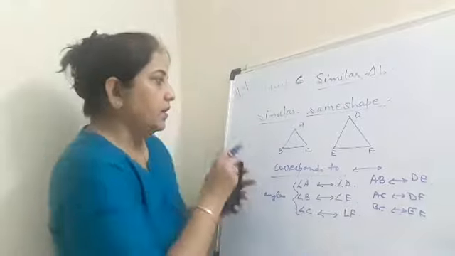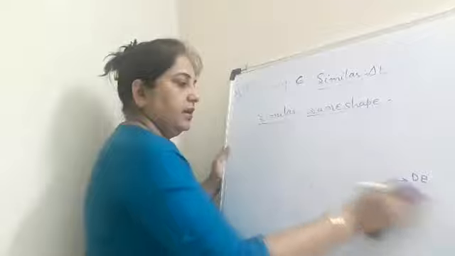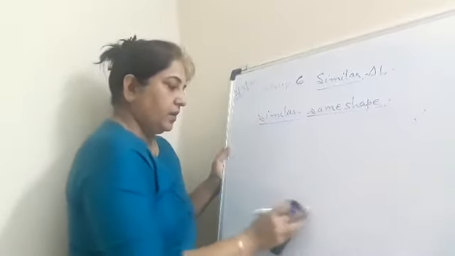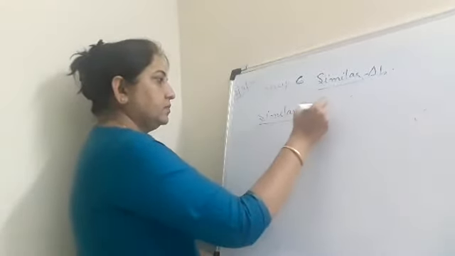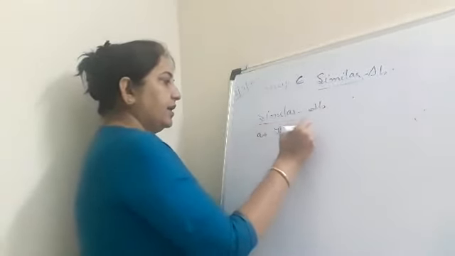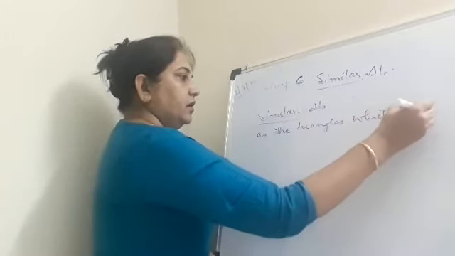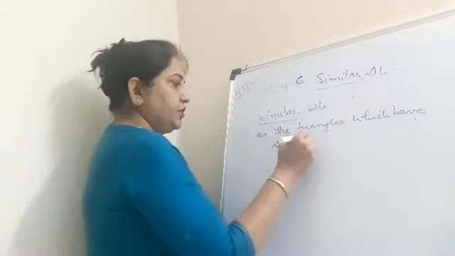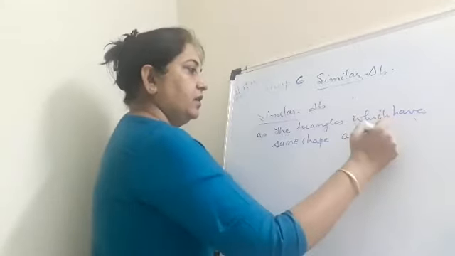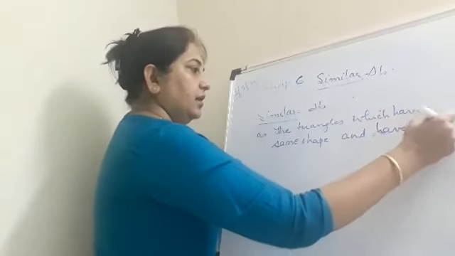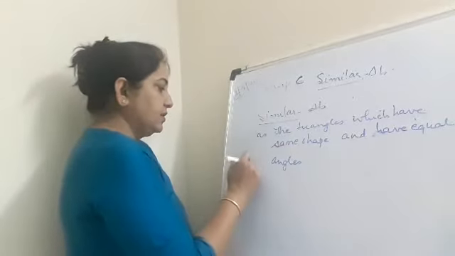Now we can define similar triangles as the triangles which have the same shape and have equal corresponding angles.